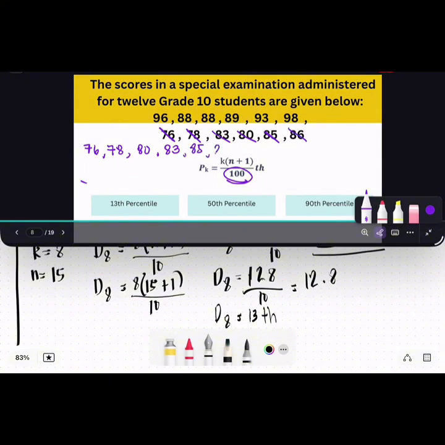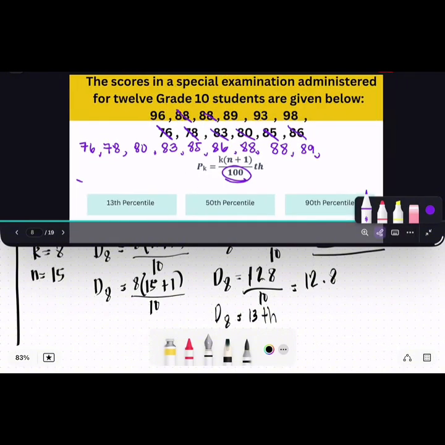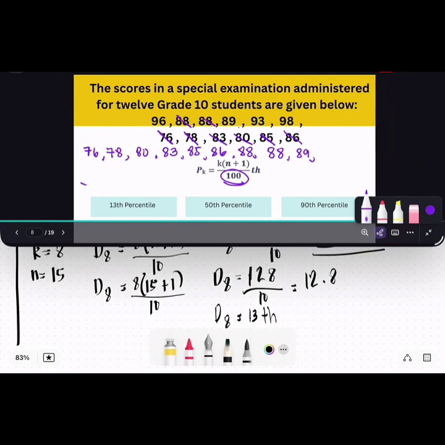Then, we have two 88s, followed by 89. Next is 93, then 96, and last is 98. So this is our data set in ascending order.